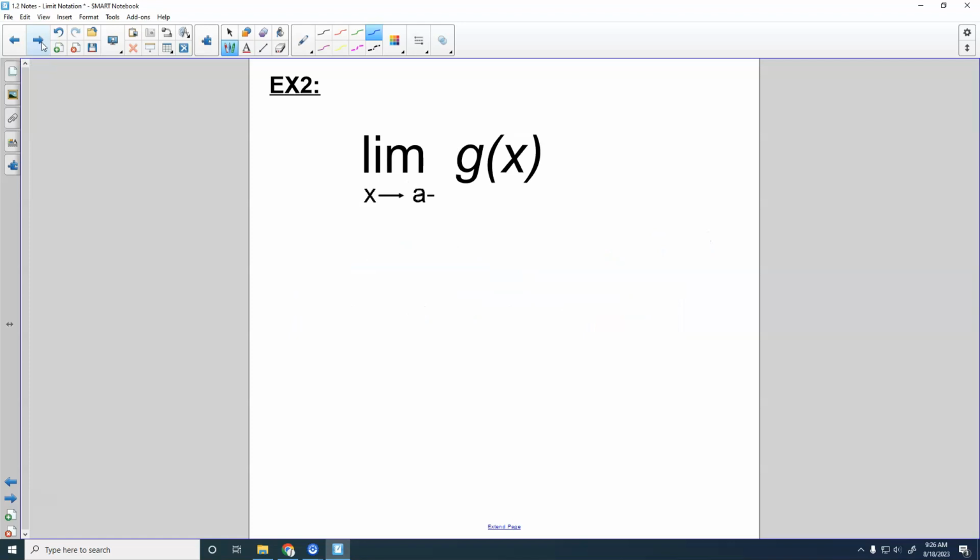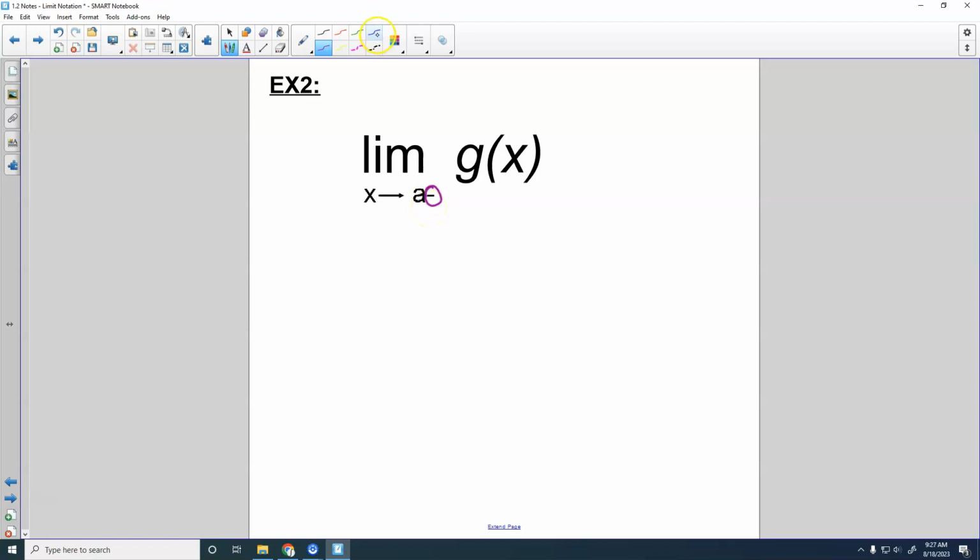Okay. Does anybody remember from pre-calc, because we did do a little bit of this, what this right here means? From the negative side, which is going to be on our left, right? So whenever we see a plus or minus behind the number that we're approaching, that means left or right.